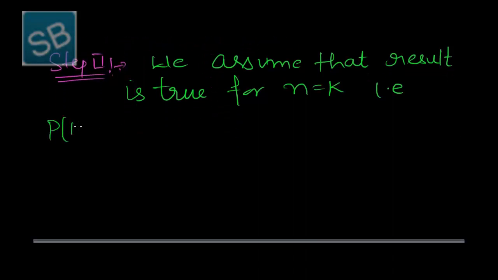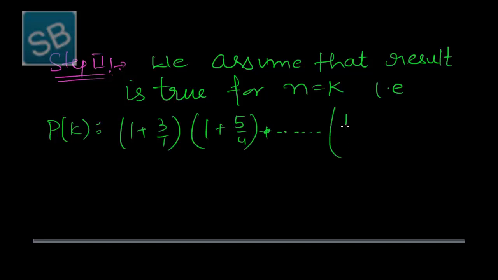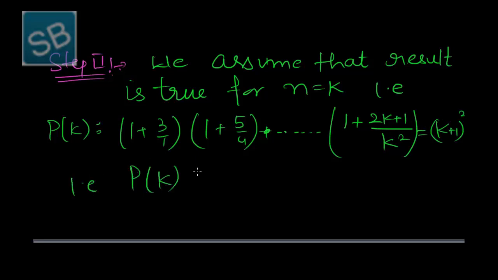So it becomes P(k). So P(k) is (1 + 3/1)(1 + 5/4) and so on, that is the product (1 + (2k+1)/k²) is equal to (k+1)². That is, P(k) is true. That is, the statement is true for n equal to k.